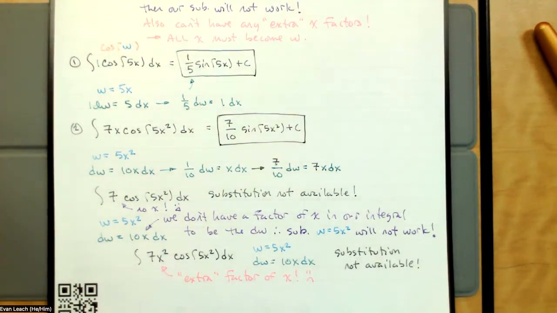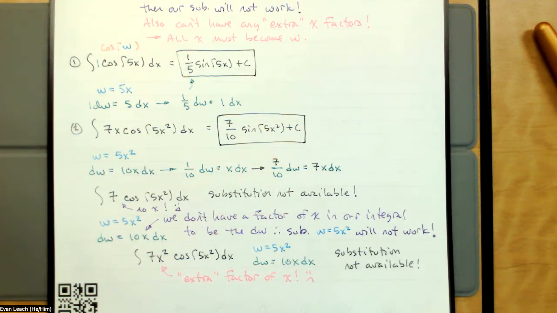Sometimes we can get away with going through our original substitution, w equal 5x squared, and figuring out what that x is in terms of w. So if w equal 5x squared, then x is plus and minus the square root of w over 5. But now we're integrating 7 cosine of w over the square root of w over 5.